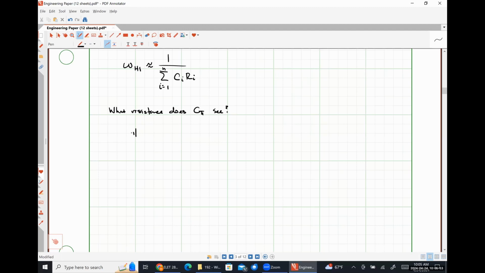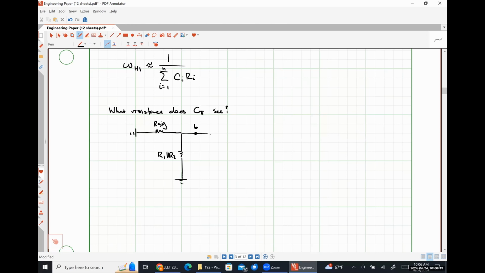I've turned off my input signal, because we're looking for a Thevenin equivalent resistance here. So this is R sig. Here's R1 in parallel with R2.